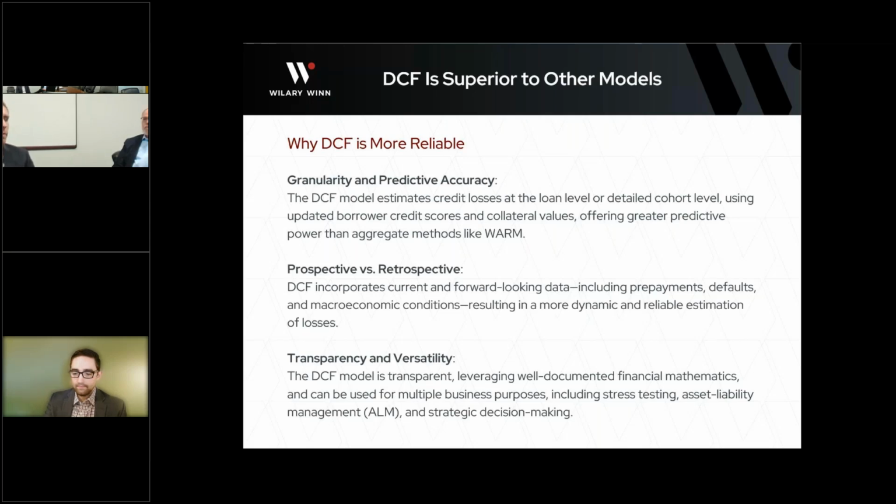So, the message perspective is discounted cash flow models are more reliable, provided that you've got the right level of granularity, in order to have predictive accuracy. It's much easier to implement the standard in a discounted cash flow model than in a retrospective model, because you're starting with the loan attributes at the modeling date and the forecasted economic conditions going forward.